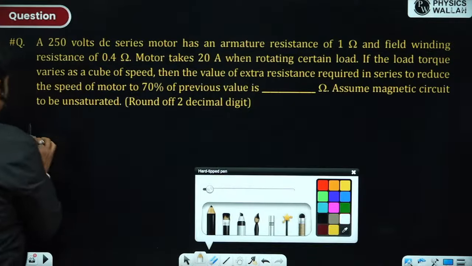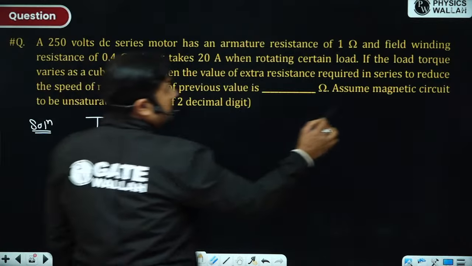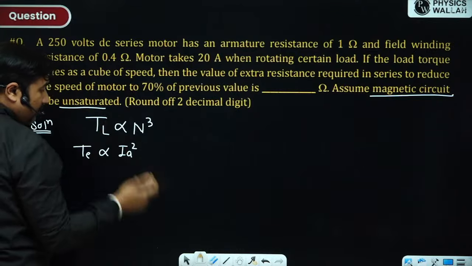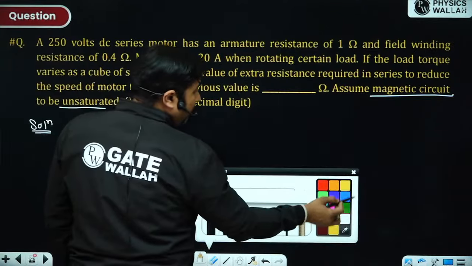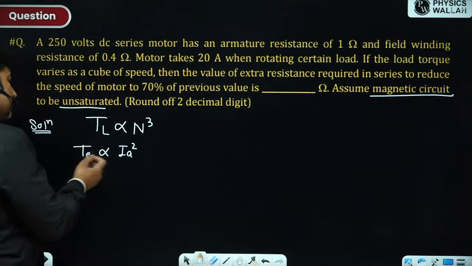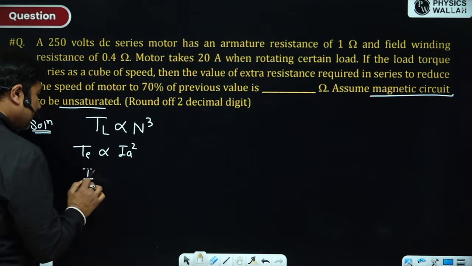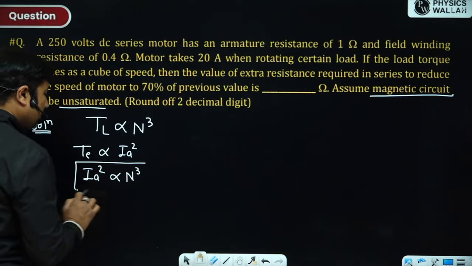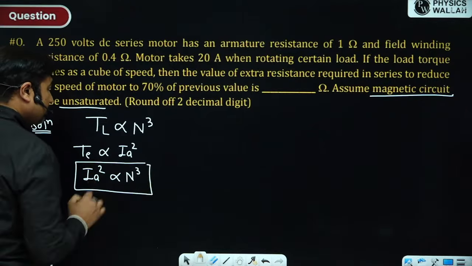So electromagnetic torque is proportional to Ia square in case the magnetization circuit is unsaturated. Yes sir. Because basically torque is proportional to K phi Ia, and phi and Ia are proportional. So for a series motor, torque is proportional to Ia square. So Ia square is proportional to N cube because electromagnetic torque is equal to load torque under steady state condition.